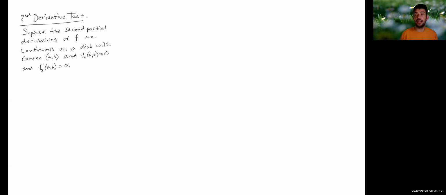So in other words, we have a critical point where the first order partial derivatives are both equal to 0, and our second partial derivatives exist.